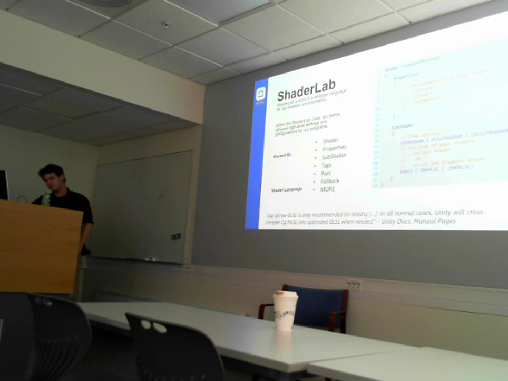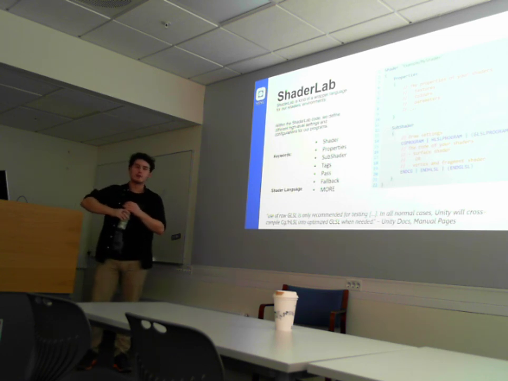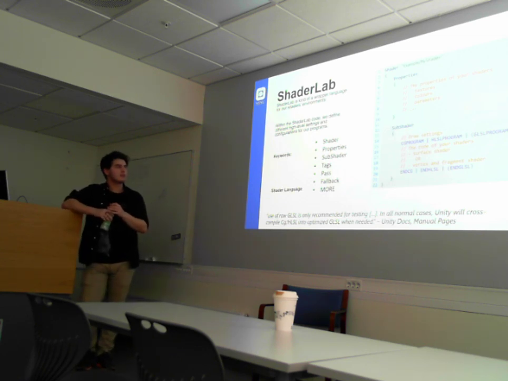So, in Unity, there's this thing called Shader Lab, which is a language wrapping around your shaders. The reason they have this is so that you can put more information and more control into your shaders. We started trying to do the same thing with our assignment 2 last year, where we supplied the options to set culling mode and stuff.